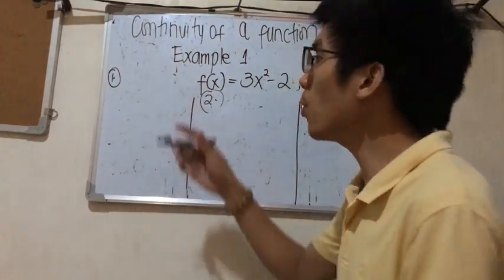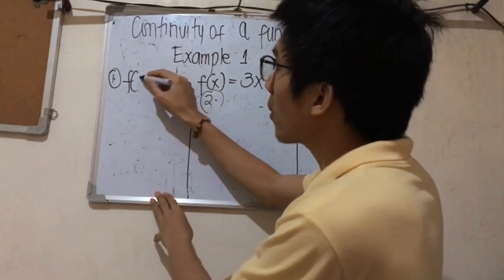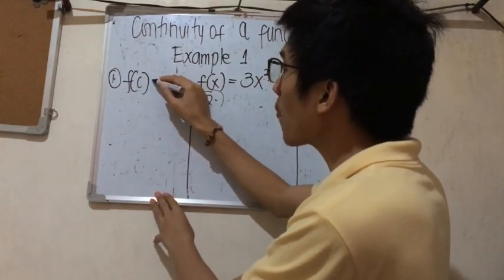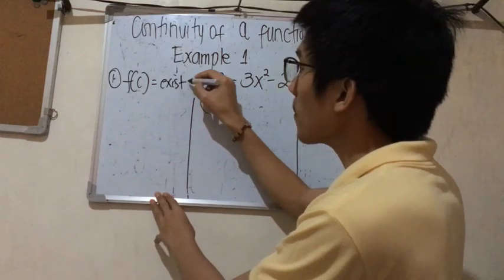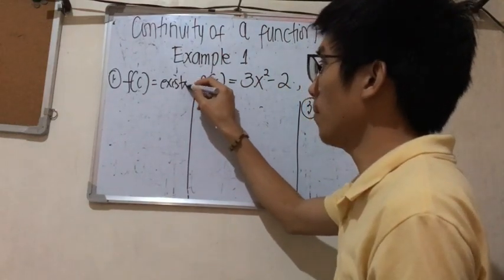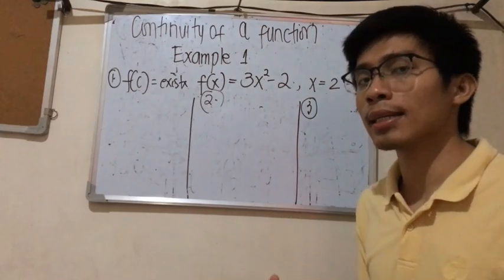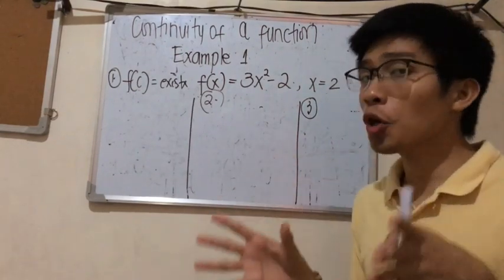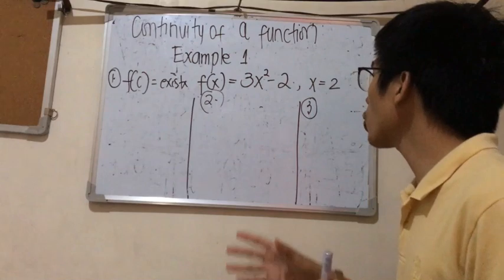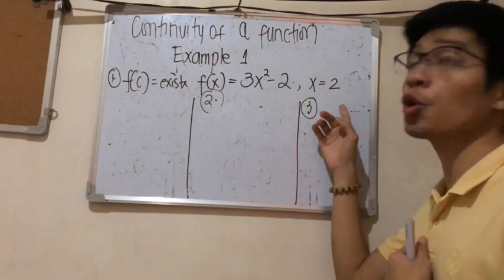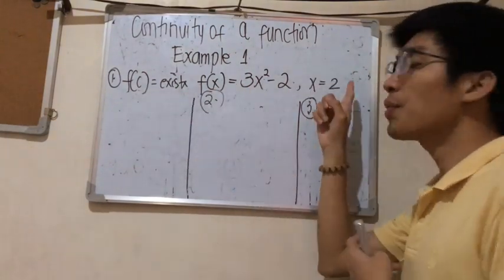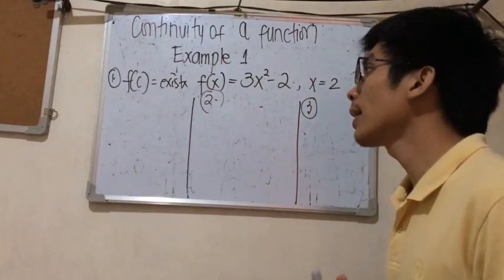For condition number 1, let's try to identify if f of c exists. Again, if f of c exists, meaning we are going to evaluate our function at x is equal to 2. Meaning, this is our c.